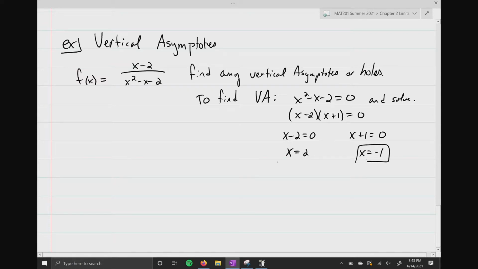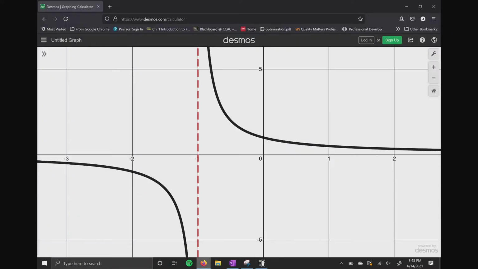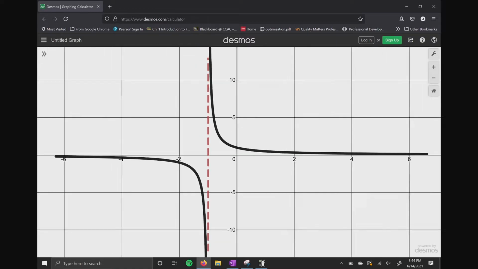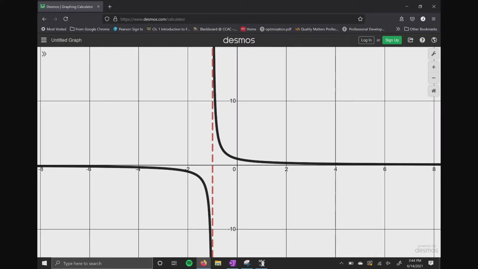Now, like I said, many students would assume that both values here are vertical asymptotes, and I'm telling you, they're not.